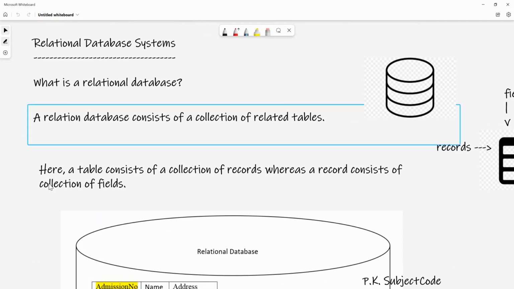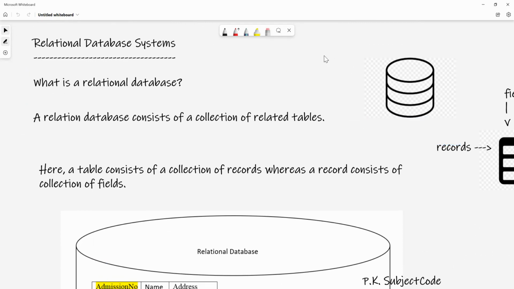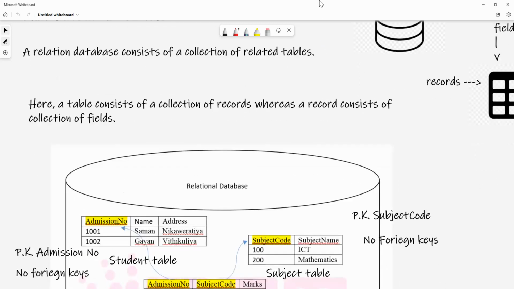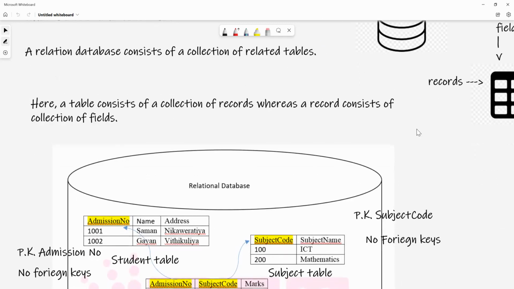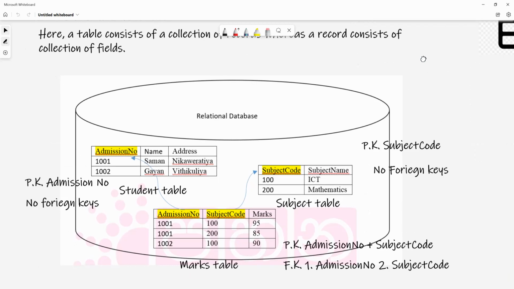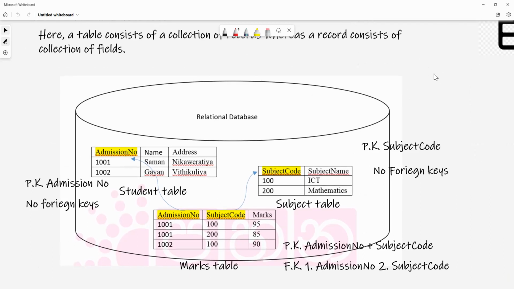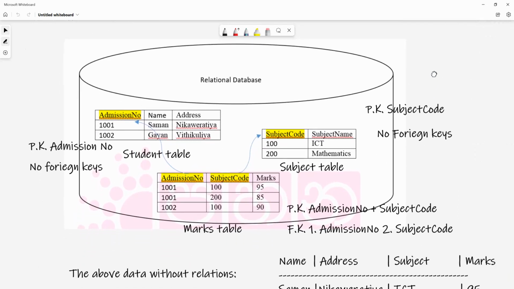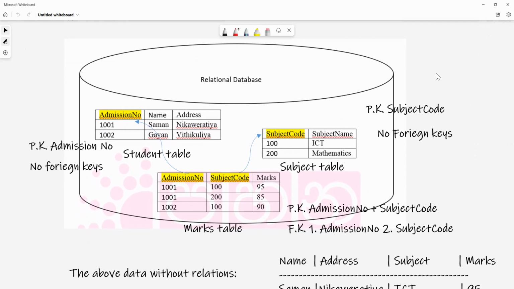In a relational database, we are going to keep a collection of tables. Now in this one, for example, if you are keeping track of students' marks for subjects, usually data is divided into three tables.